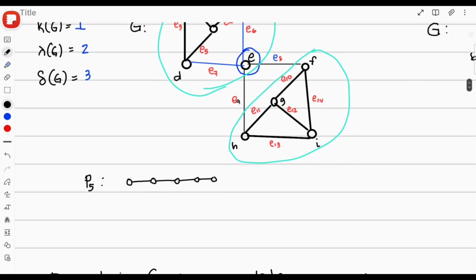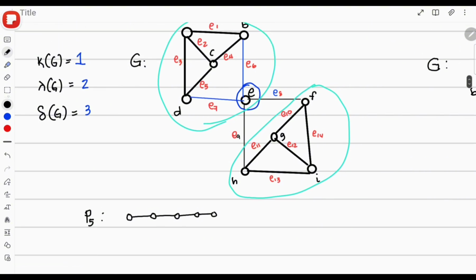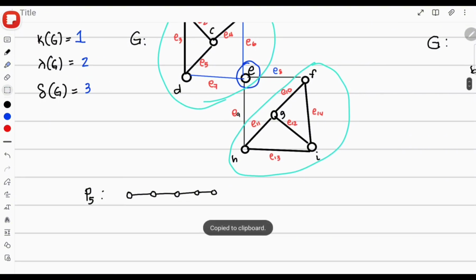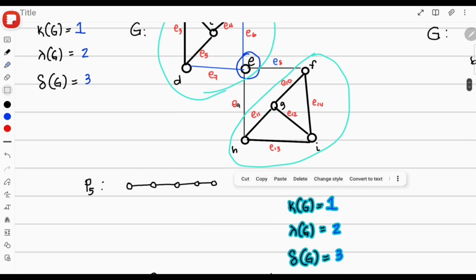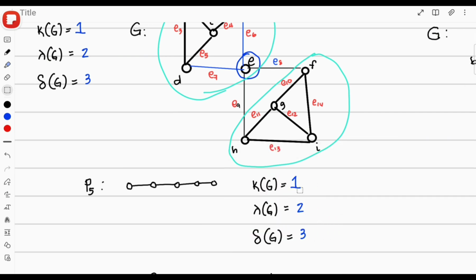So for kappa of G here, the minimum number of vertices to remove to disconnect the graph is just 1.